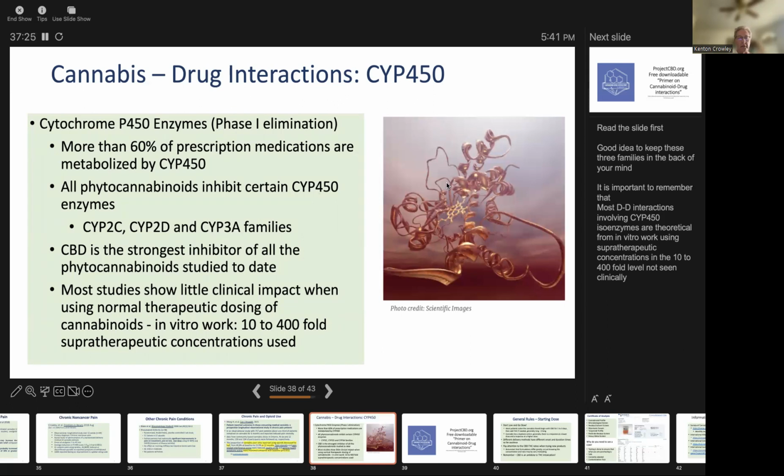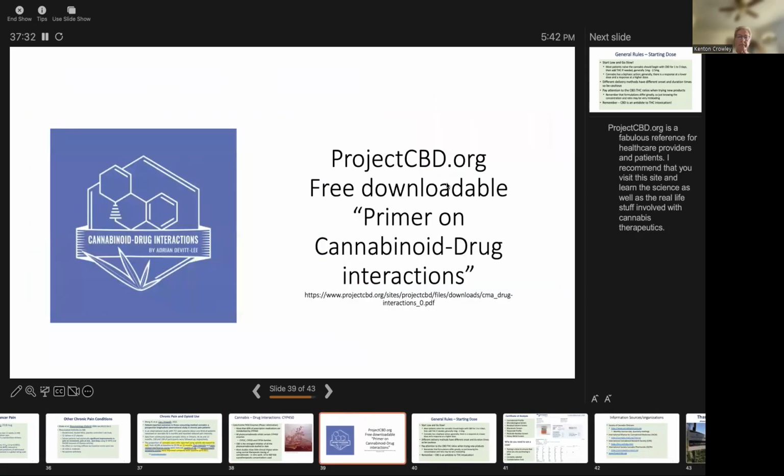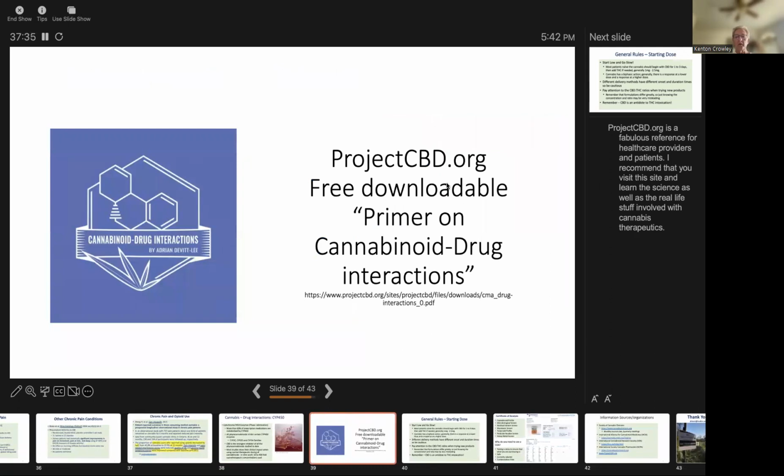I particularly like how Facts and Comparisons and Lexicomp have done a good job of that. ProjectCBD.org is a great reference for healthcare providers as well as patients. I recommend you take a look at this and the science behind what adverse reactions and drug-drug interactions can involve, based on real products that are out there and fairly good studies.